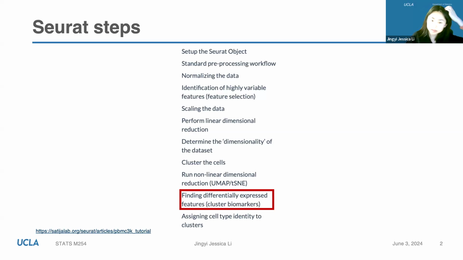We also need a distance metric for k-means clustering, but by default we use Euclidean distance in the PC space. For hierarchical clustering, we need to define the distance between two cells, and also the distance between two already built clusters. We talked about single linkage, complete linkage, and average linkage as ways to establish cluster distances.